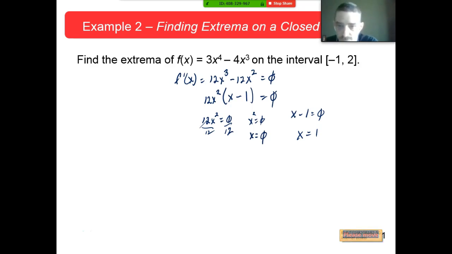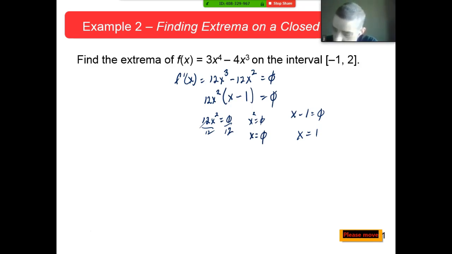The domain is all real numbers. Only place it might not exist is if you had a variable in the denominator. Then you'd have to make sure that doesn't make the denominator 0. This doesn't have any denominators. If you have a variable in a square root, you have to make sure what's in that square root does not go negative. This doesn't have a square root.